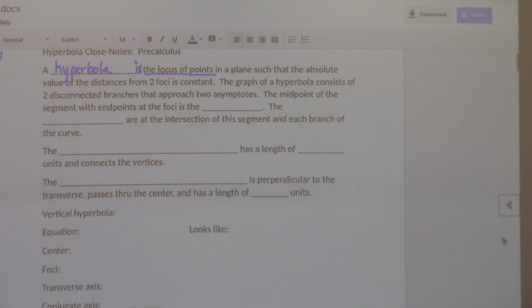If we took it then from some other point, let's say this guy right here, then that and that would be the same as those two added together. It's kind of like with an ellipse, all right? The sum of those distances from this point to the two foci is the same as it is from any other point to the two foci, okay?